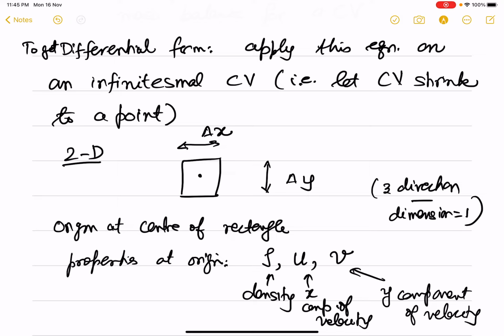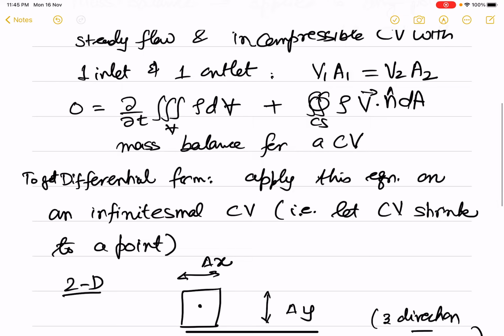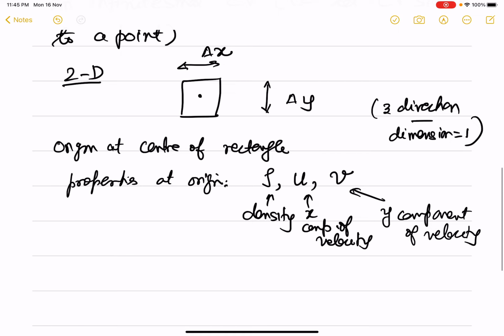Now we realize why we are considering only these quantities, because if you look at this equation, there is rho and there is the velocity vector. So now, rho, u and v are the properties at the origin.